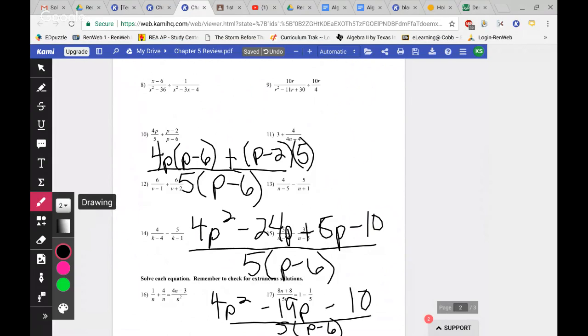And I'm trying to think, that would give me a 40. And I can't think of any factors that multiply to give me 40 that when combined give me a negative 19. So you could leave it in this form, because the only thing you would be trying to look for is something you could possibly cancel out from the 5 and the p minus 6.